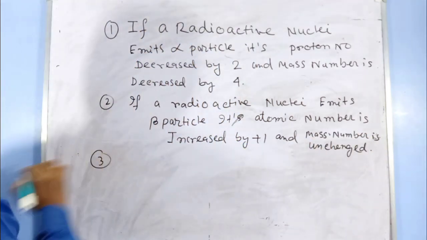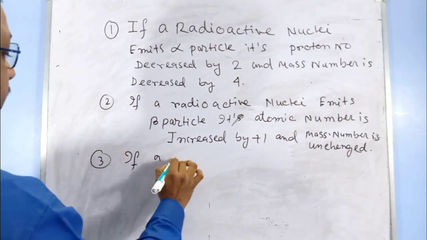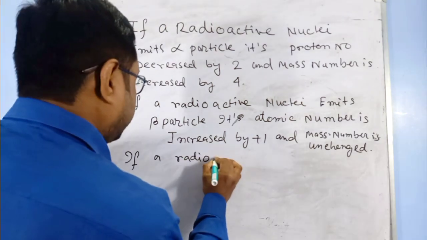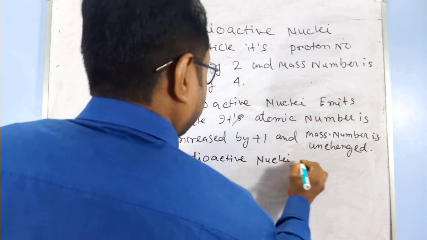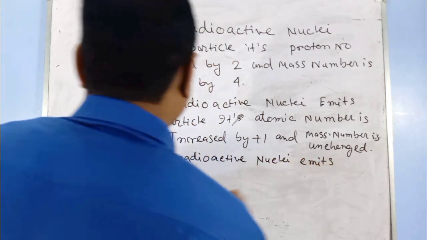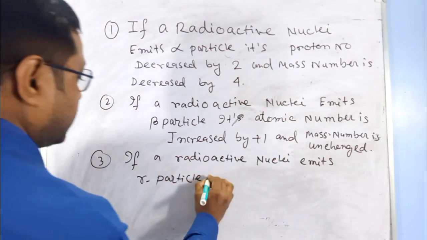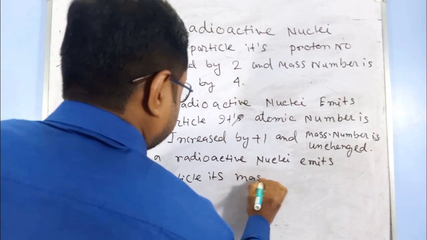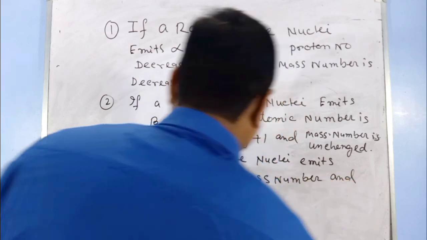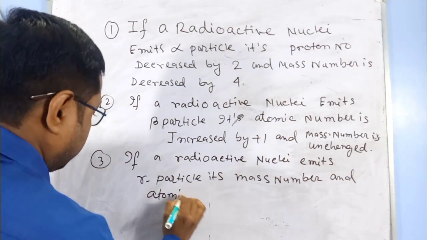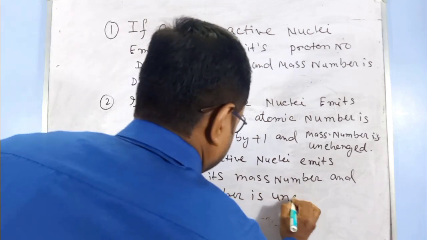Number 3, if a radioactive nucleus emits a gamma particle, its mass number and atomic number is unchanged.